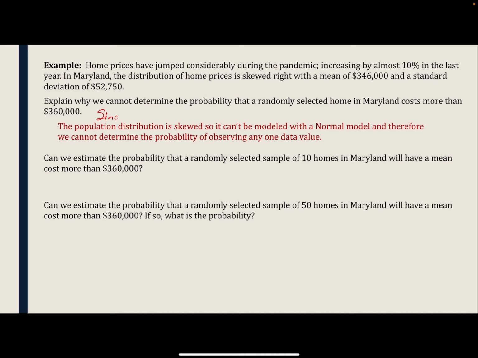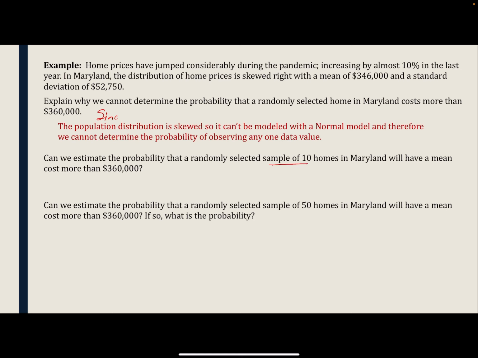For the next part, it says, can we estimate the probability that a randomly selected sample of 10 homes in Maryland will have a mean cost more than $360,000? So now we've shifted from talking about an individual home to talking about a sample of homes, which means we want to know, is the sampling distribution normal if our sample size is 10?